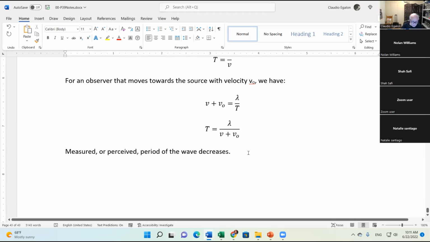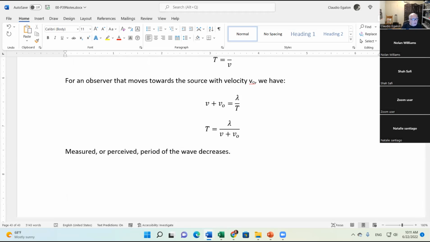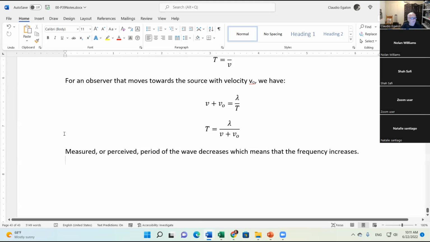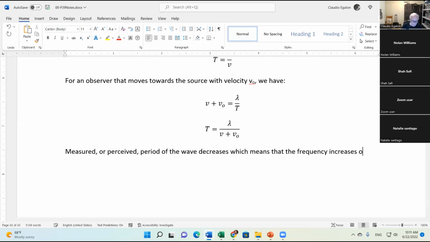What does it mean about frequency? Which means that the frequency increases, right?